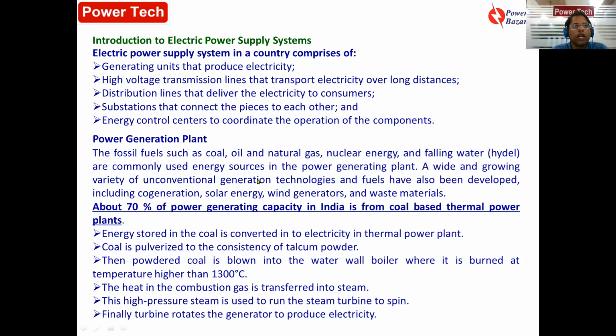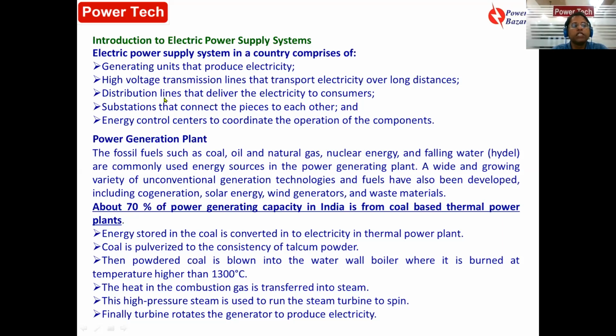So you require a transmission system that is known as high voltage transmission system or extra high voltage transmission system. After that, when the power has reached nearest to the load center, it is further stepped down so that it can be distributed to different industries and different consumers.